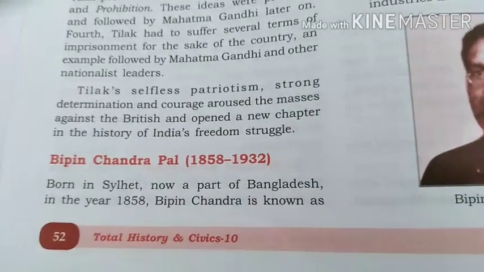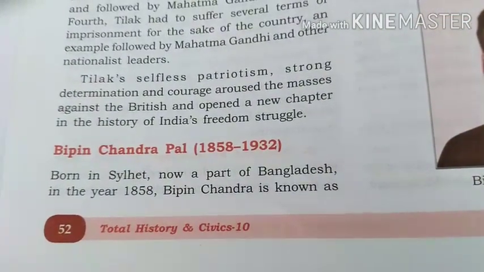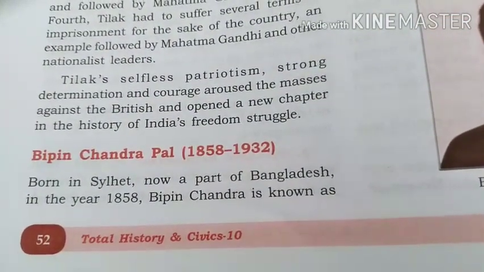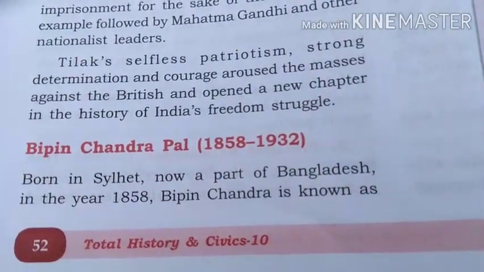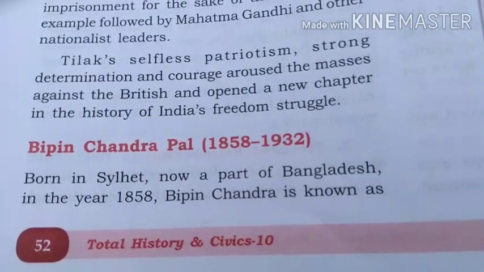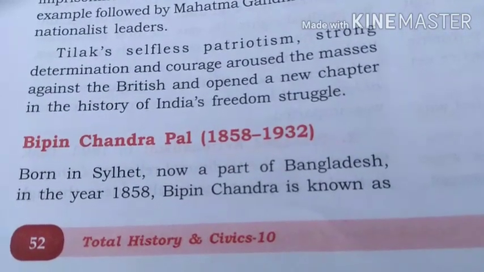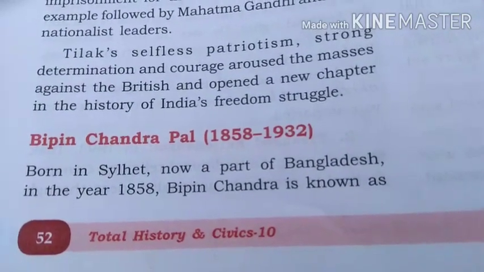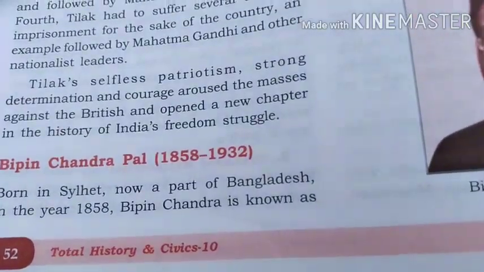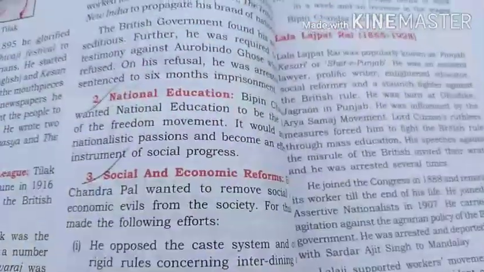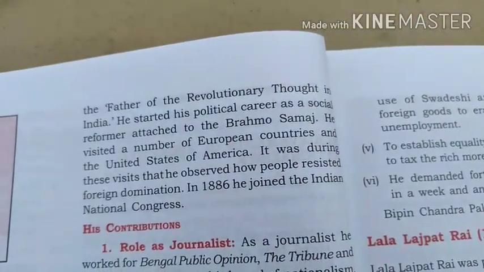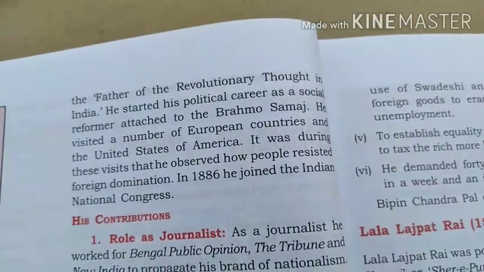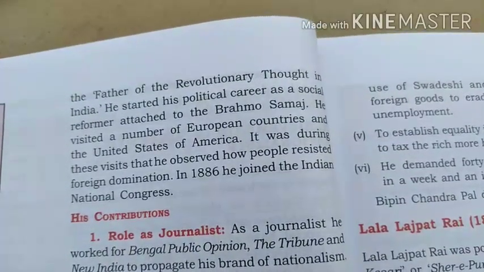Now let us talk about Bipin Chandra Pal. He was born in 1858 and died in 1932. Bipin Chandra Pal was born in Sylhet, now a part of Bangladesh, in the year 1858. Bipin Chandra is known as the father of revolutionary thought in India.